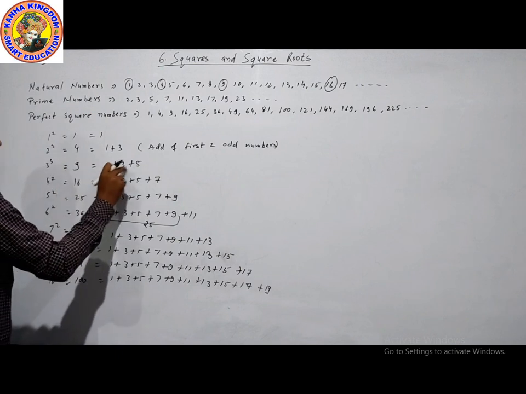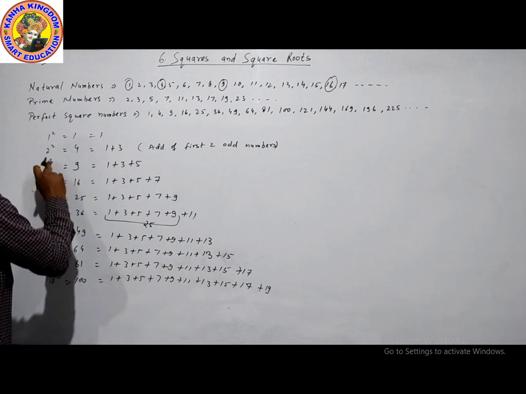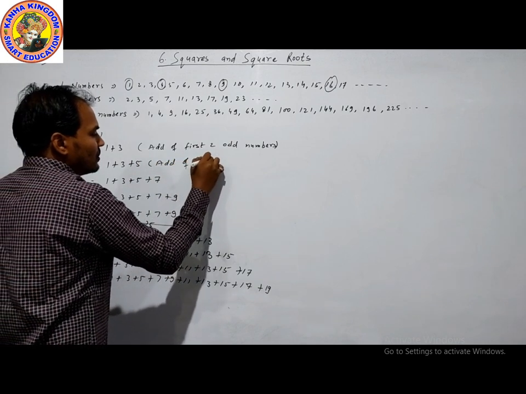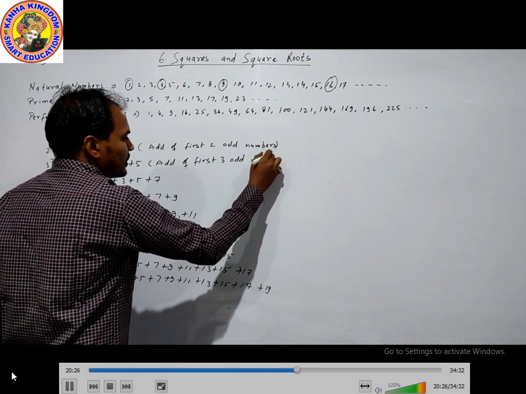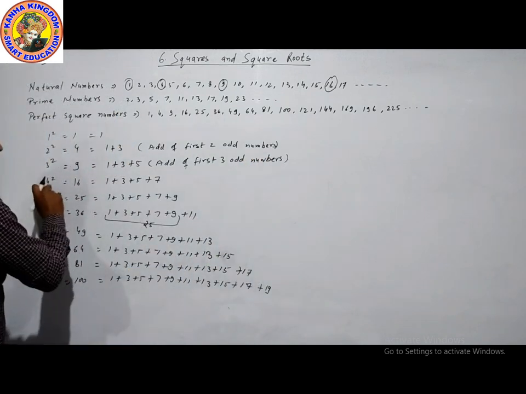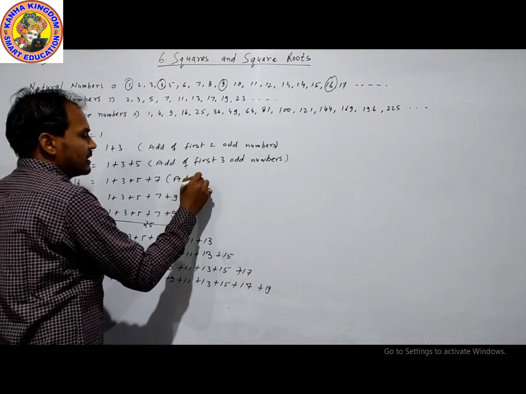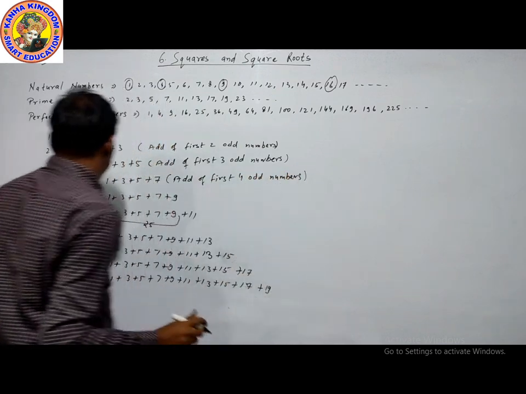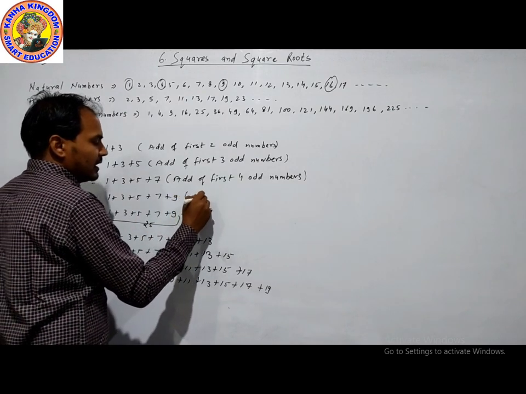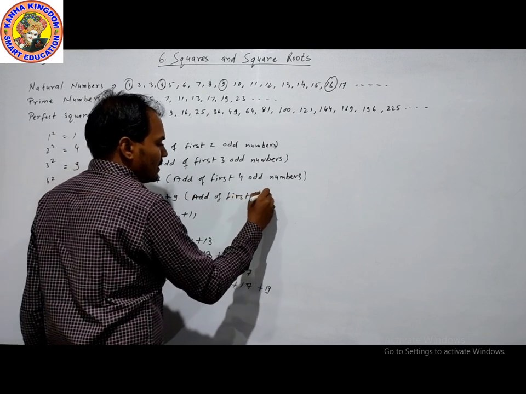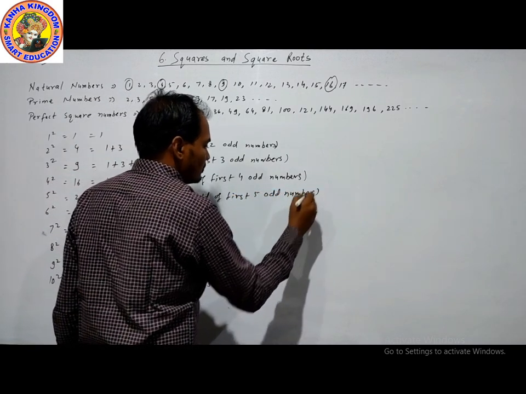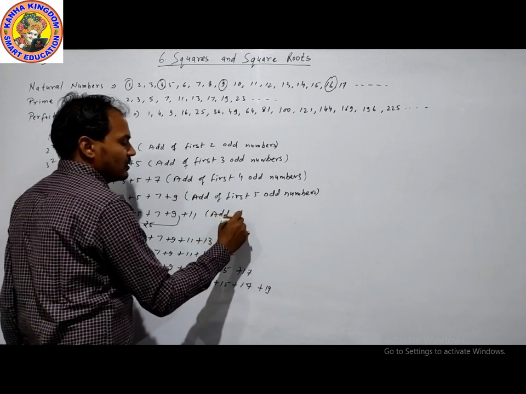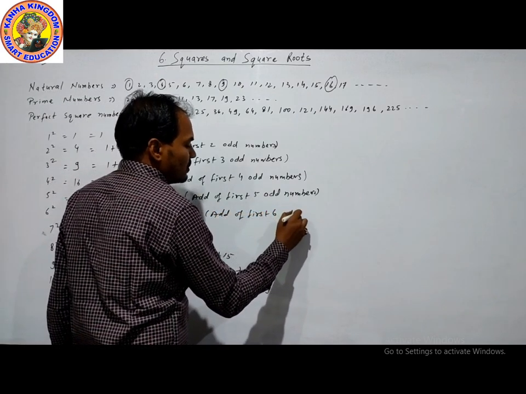3 square is 9. The square of 3 is the addition of the first three odd numbers. 4 square is the addition of the first 4 odd numbers. 5 square is the addition of the first 5 odd numbers. 6 square is the addition of the first 6 odd numbers.